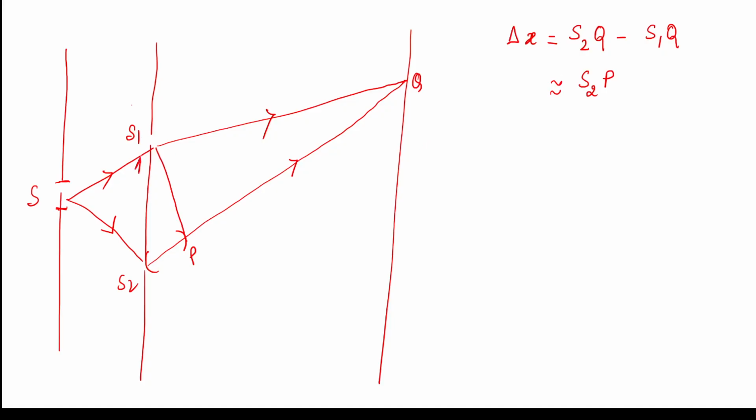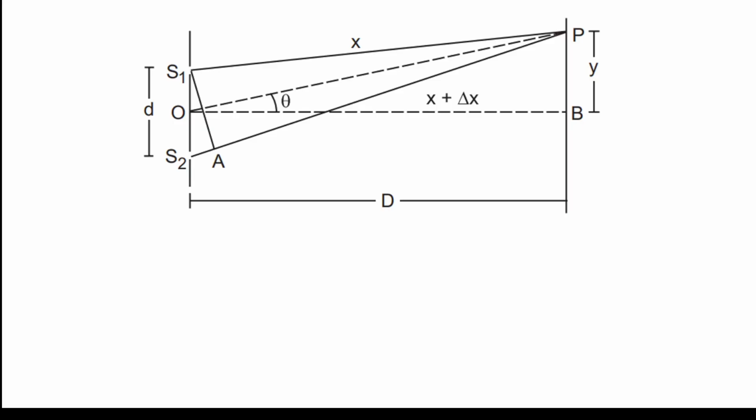Now if the distance between the two slits is small d, and I'm assuming this angle to be theta, we'll just show that on the diagram here. So if I take this angle as theta, these are my slits, slit 1, slit 2. So this is my path difference.